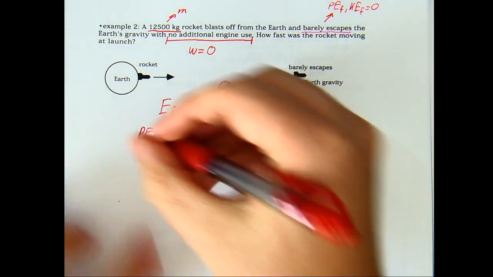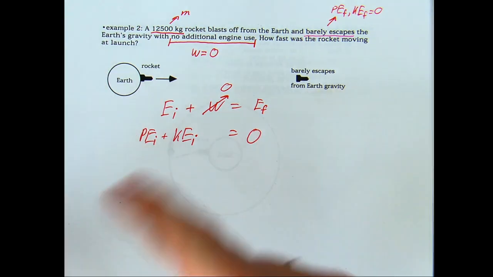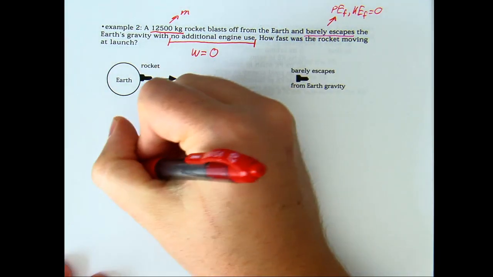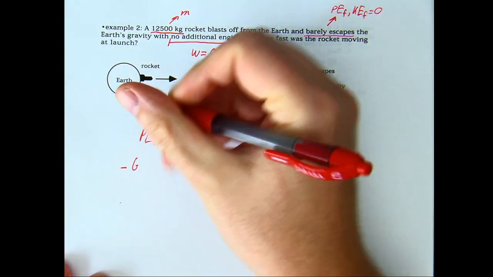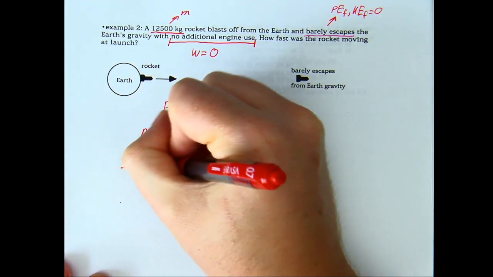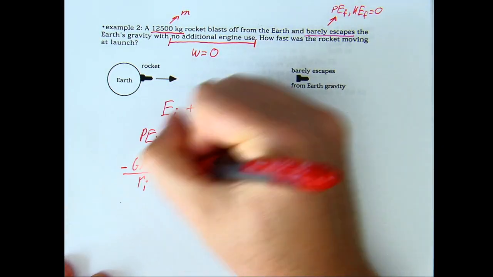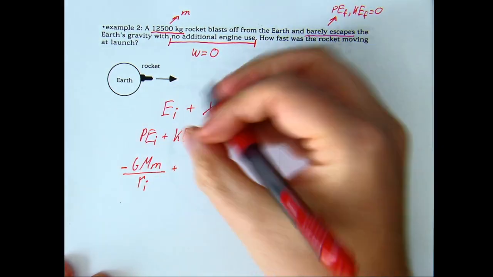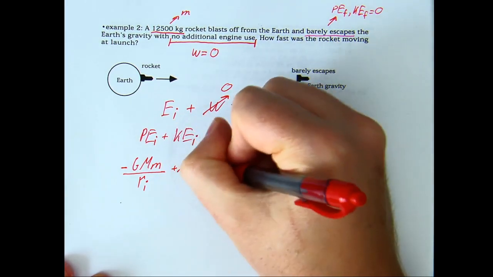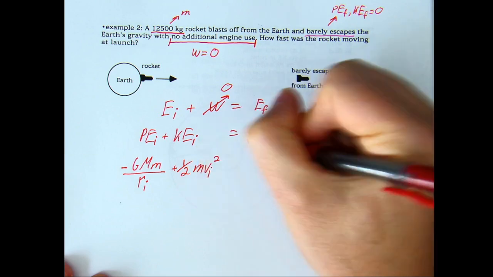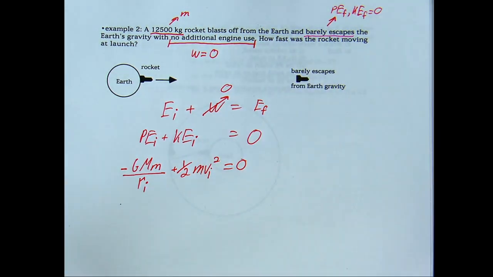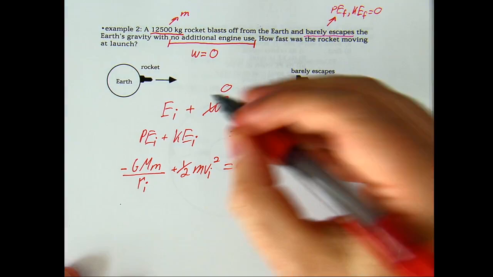We were leaving a planet, now we're going sufficiently far away, so we have to take into account our new equation for gravity. Negative GMm over r initial plus, well, kinetic energy is always just 1/2 m v initial squared, and that's equal to 0. So we want to know what that initial velocity has to be.